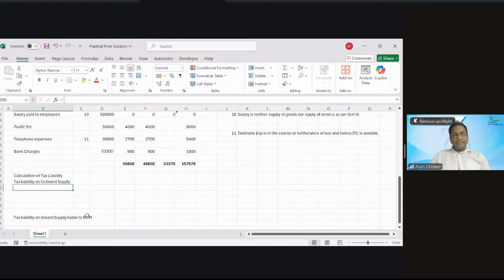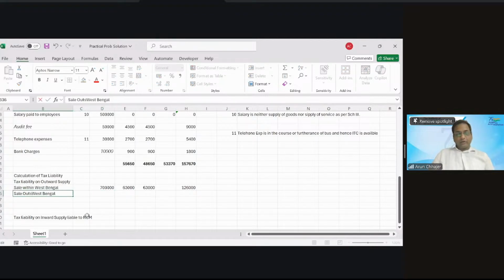So there are three tax liabilities: sale within West Bengal. What is the total amount? That is 7 lakh, and as we know it will attract CGST and SGST. Sale outside West Bengal. How much is the sale? It is 3 lakh.